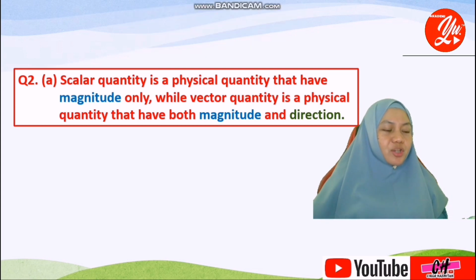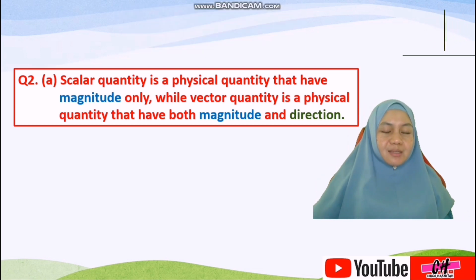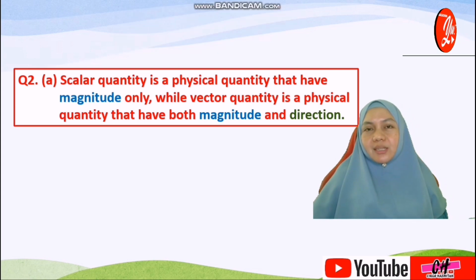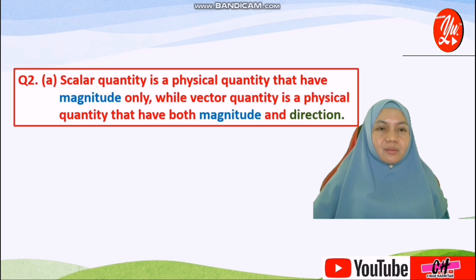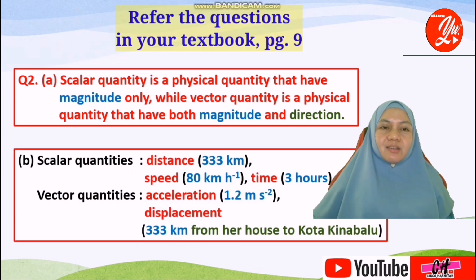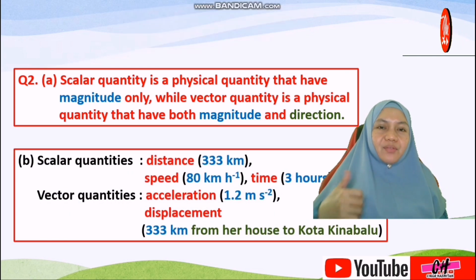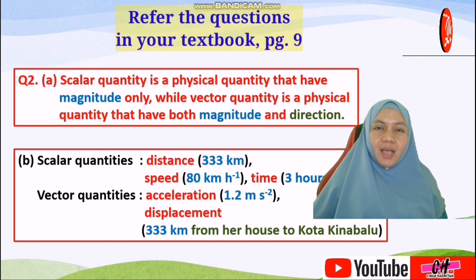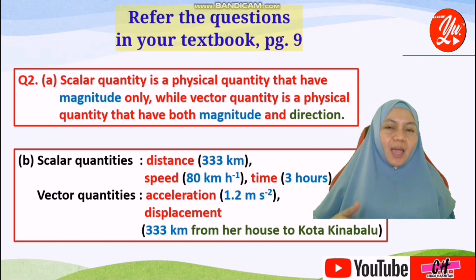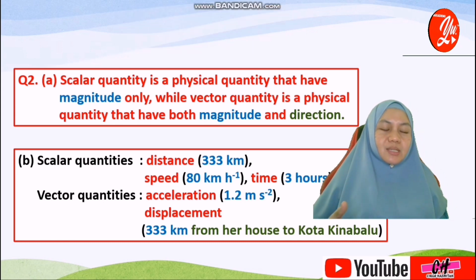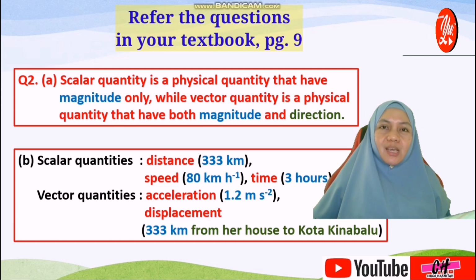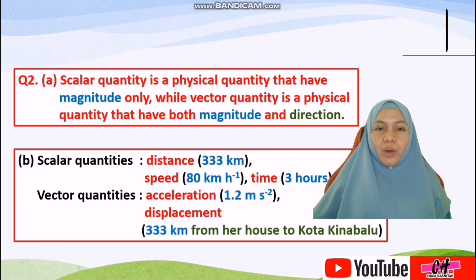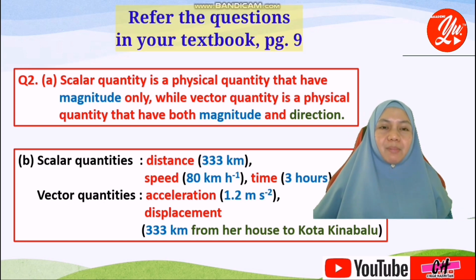Now let's check the passage for which ones are the scalar quantities and which are the vector quantities. For the scalar quantities, first we have distance, 333 kilometer, and we also have speed, 80 kilometer per hour, and the time, 3 hours. While for the vector quantities, we have the acceleration given, 1.2 meter per second squared, and also displacement.